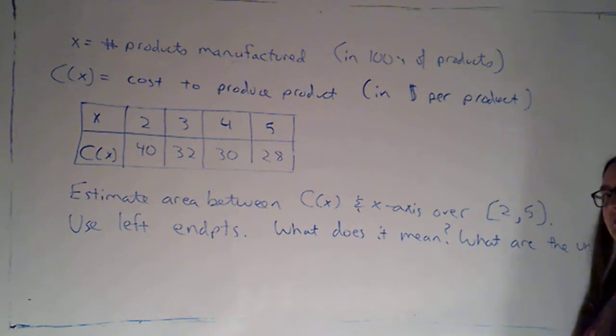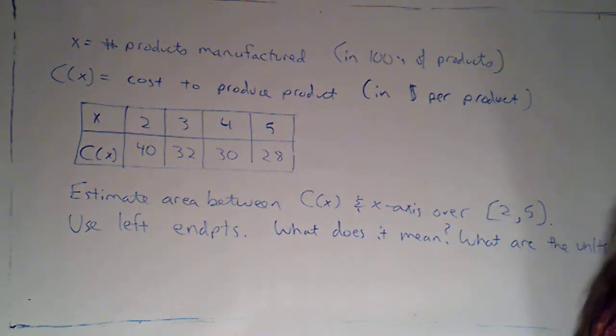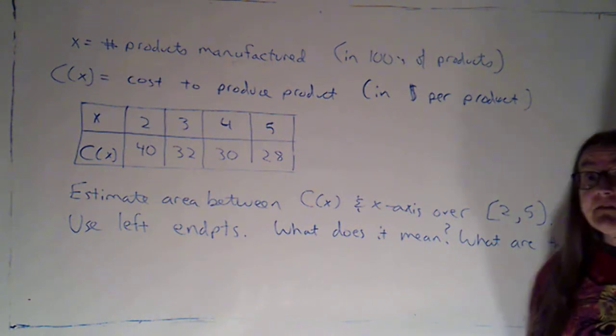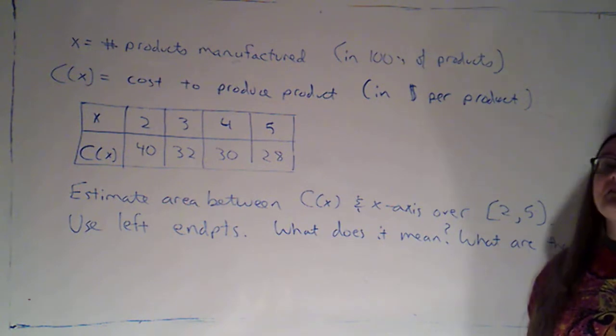And then after you've estimated this area, I want you to tell me what it means. Very helpful, usually, in figuring out what something means are the units. If you can look at what the units are, very often that's going to help you to figure out, what did I just calculate? What does it mean? Okay, so pause the video, try working this out on your own, then tune back in and you can check your answer.